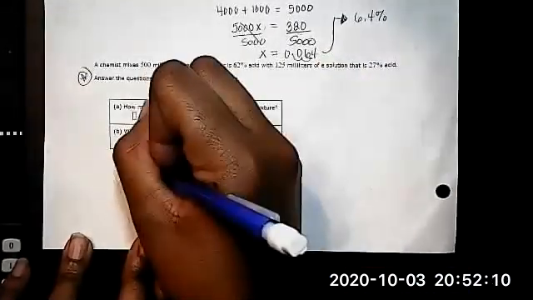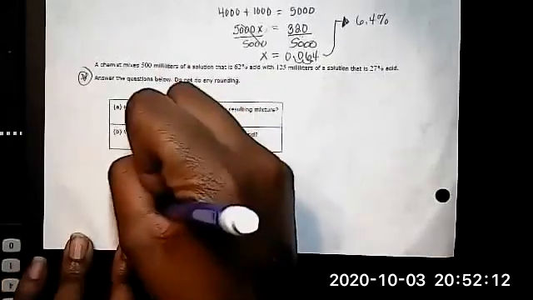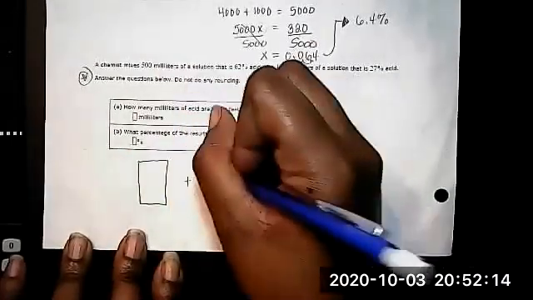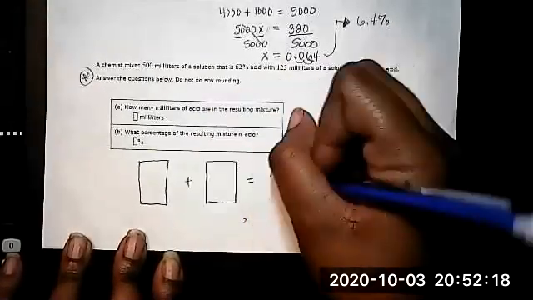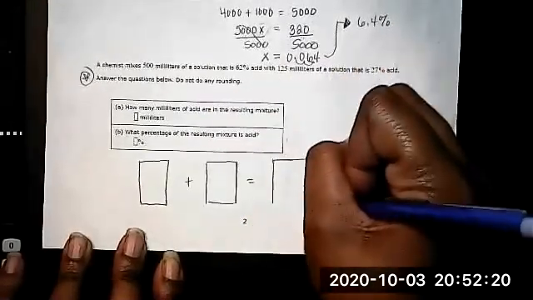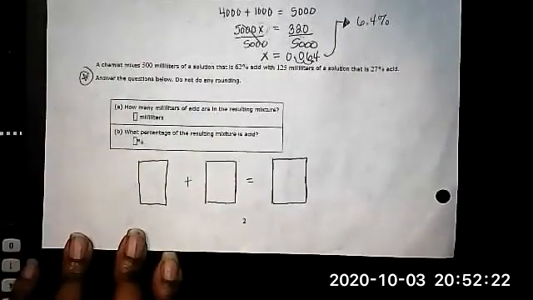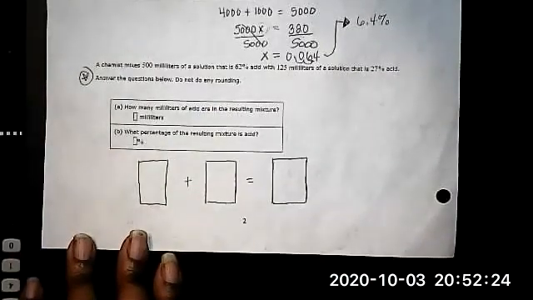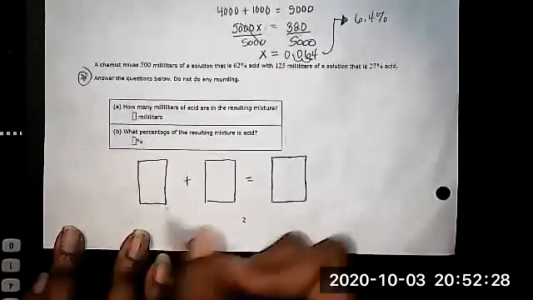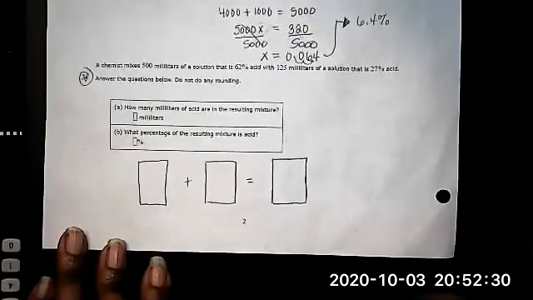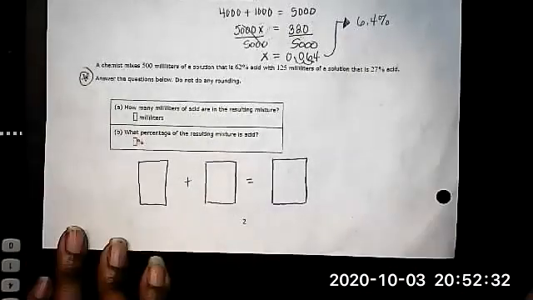So first and foremost, for any of these types of problems with solutions, I put these little boxes like this, and this should help you. As soon as you see problems that have percentages of acid and a solution mix, if you put these little boxes, maybe that'll help you, especially if you're doing the same procedure every time, okay?